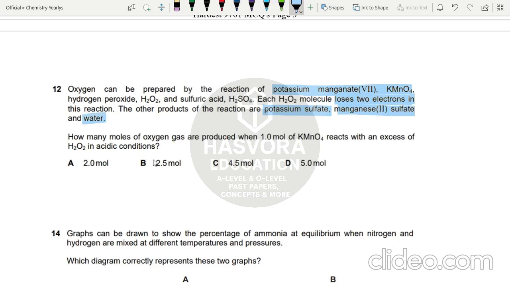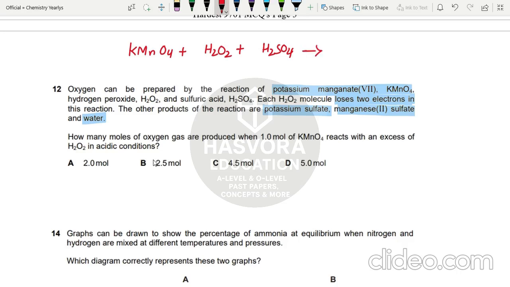So how many moles of oxygen gas are produced when 1 mole of KMnO4 reacts with an excess of hydrogen peroxide in acidic conditions? First of all, let's write the equation for this reaction, but it is not necessary to write it, okay? So the reaction of potassium permanganate KMnO4 plus H2O2 plus H2SO4 produces what?